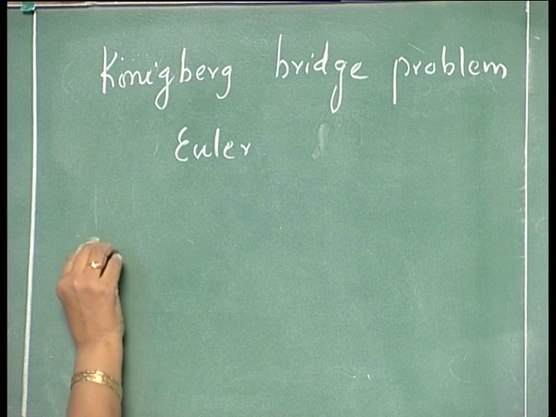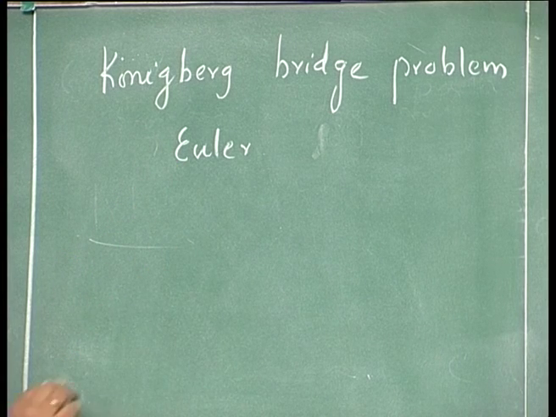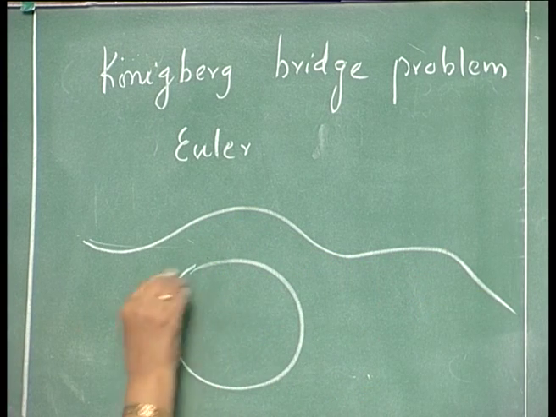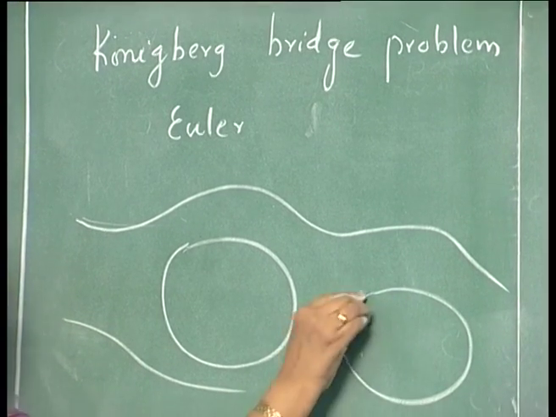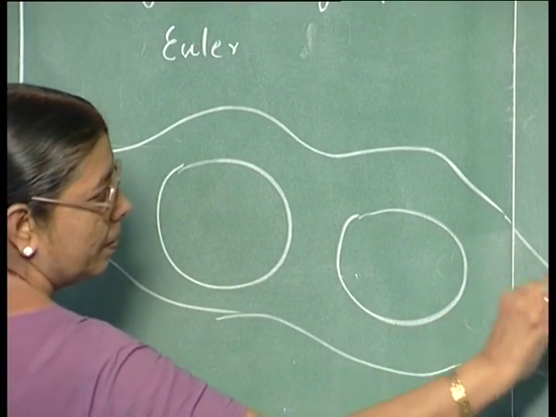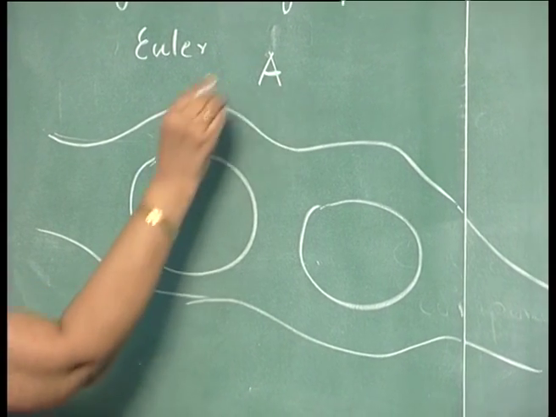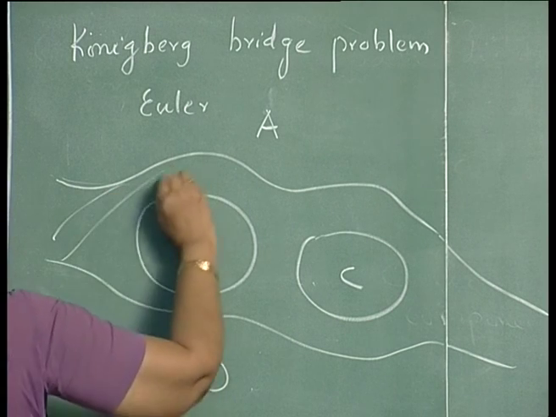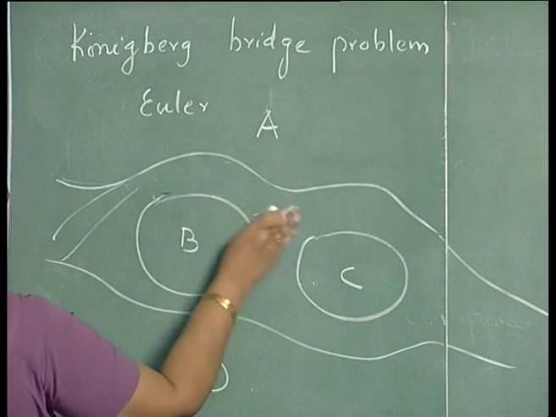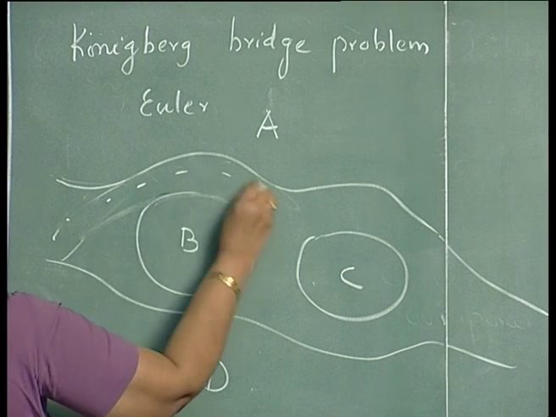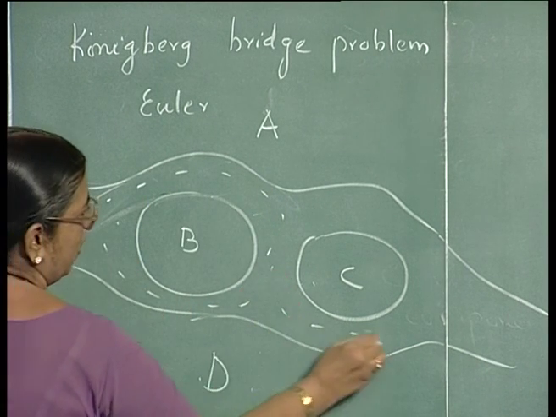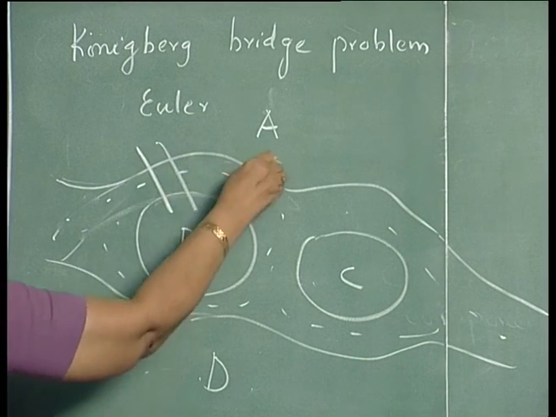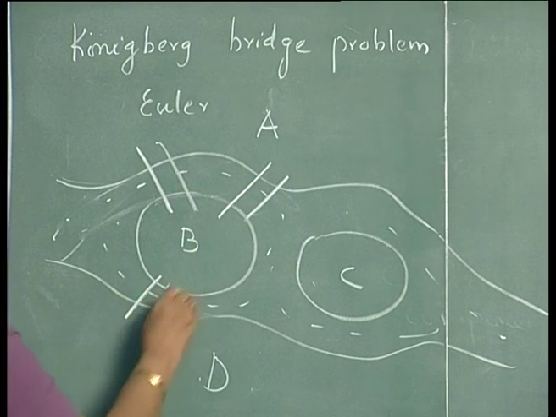In a city in East Prussia, there was a river flowing like that, which created 2 islands like that. And the landscape was divided like this, A, B, C, D. This is the river. There were bridges like this, 7 bridges were there like this.